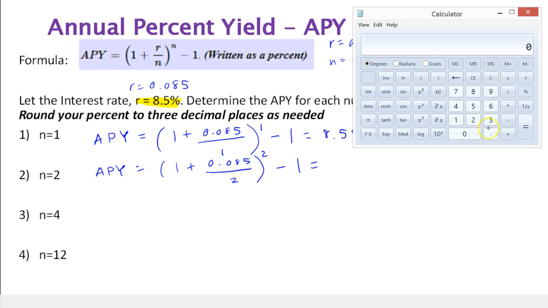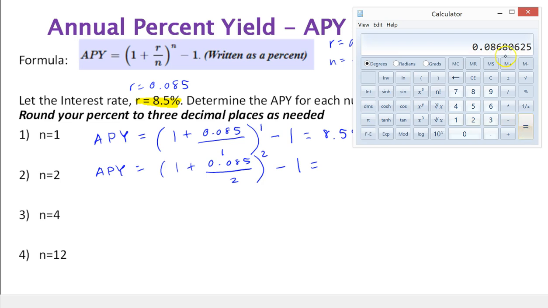And let's see what we get. So first we'll divide the interest rate by 2. Okay, so that's half of 8.5%. Now we'll add 1. Now we're going to raise that result to the second power. And then we'll subtract 1 for this part.